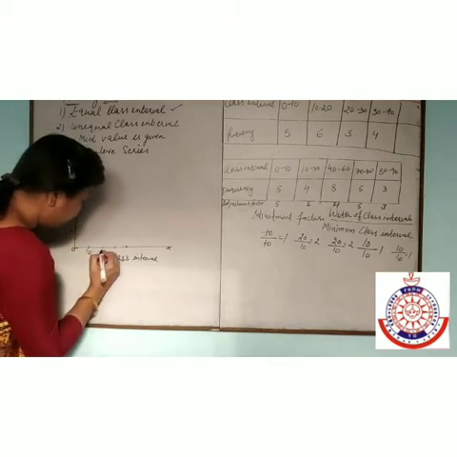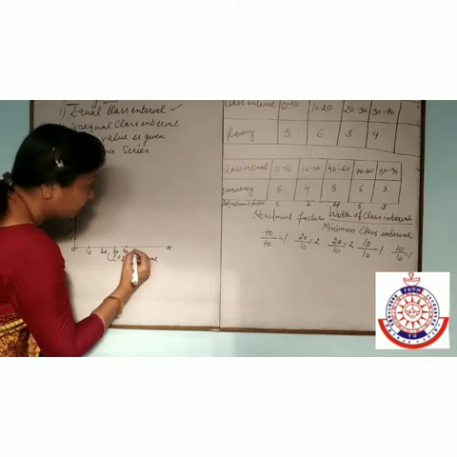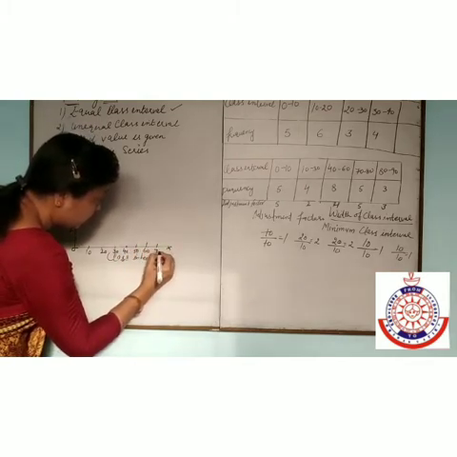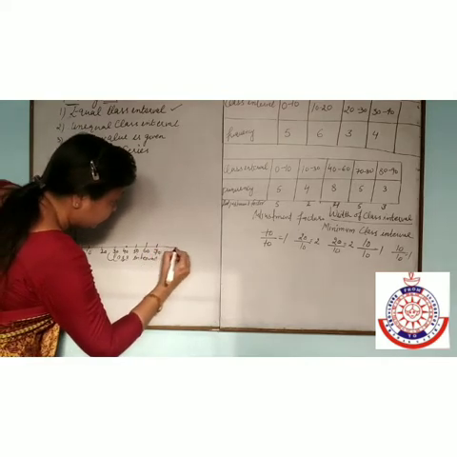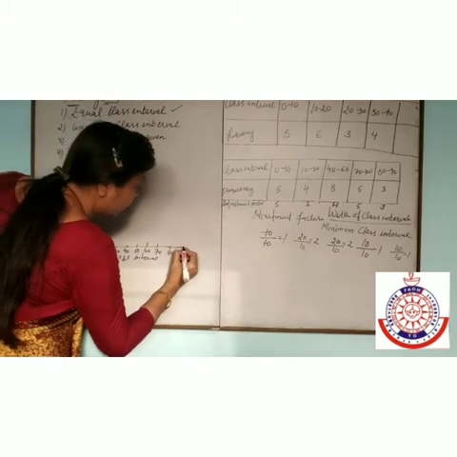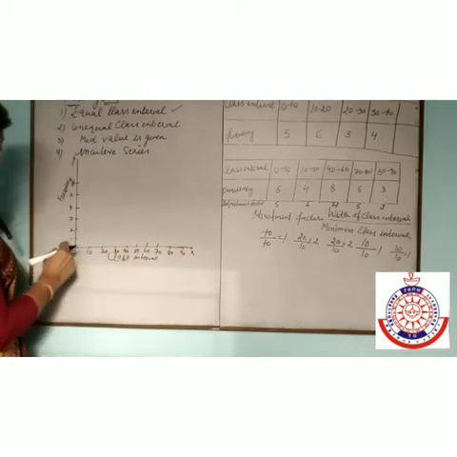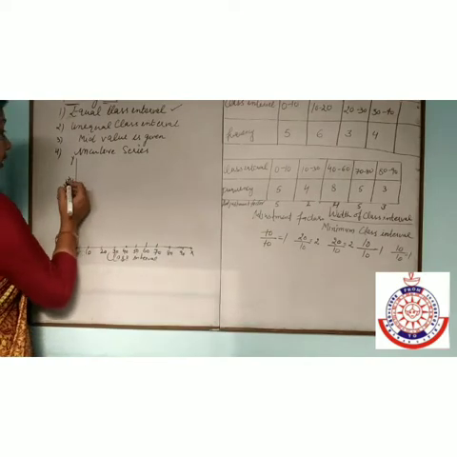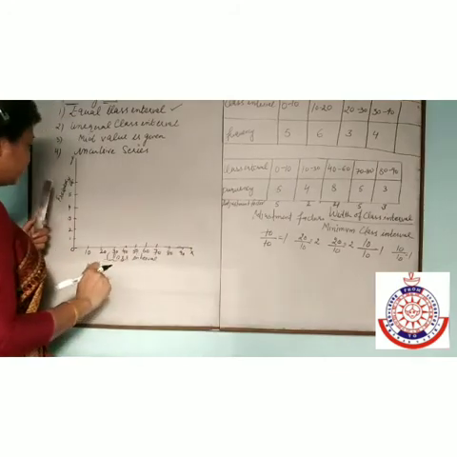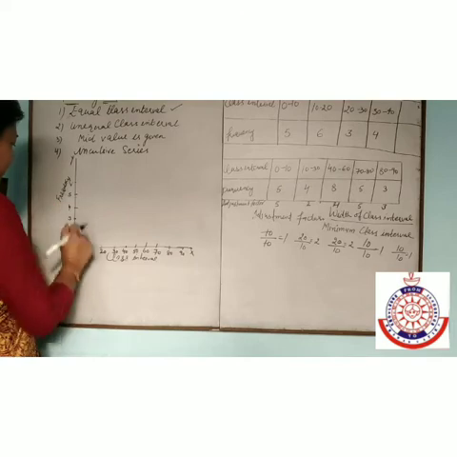Here we are taking 10, 20, 30, 40, 50, 60, 70, 80 up to 90. And here we are taking up to 5 because the adjustment factor maximum is 5. So we will take only 5 values here.